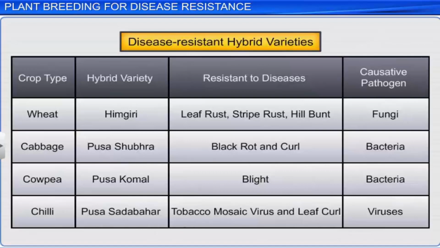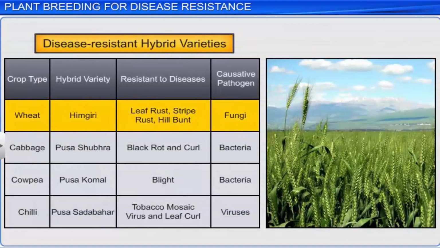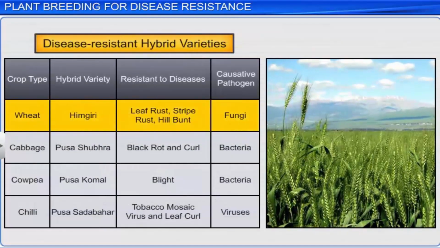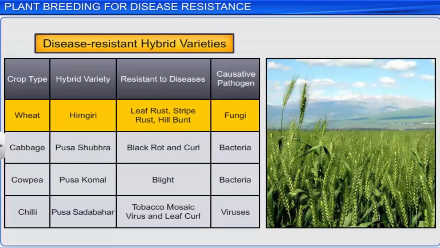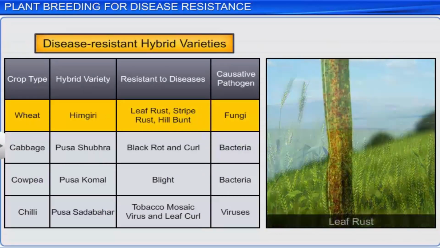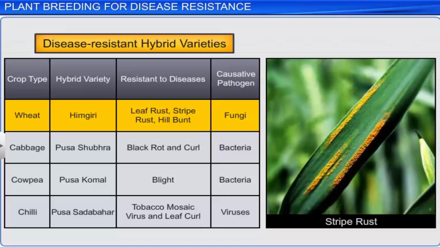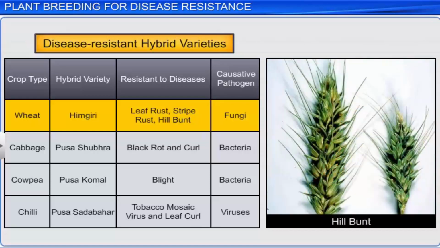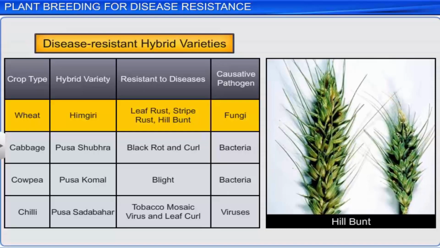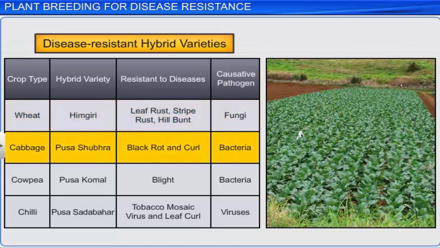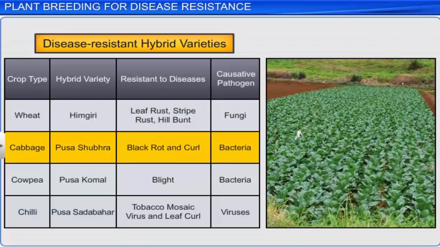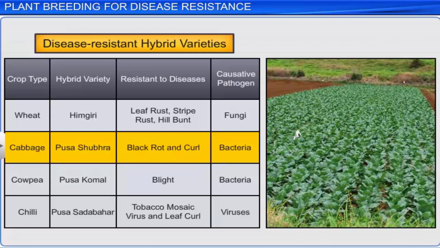Himgiri, a hybrid variety of wheat, is resistant to fungal diseases such as leaf rust, stripe rust, and hill bunt, while Pusa Shubhra, a hybrid variety of cauliflower, is resistant to fungal diseases such as black rot and curl.